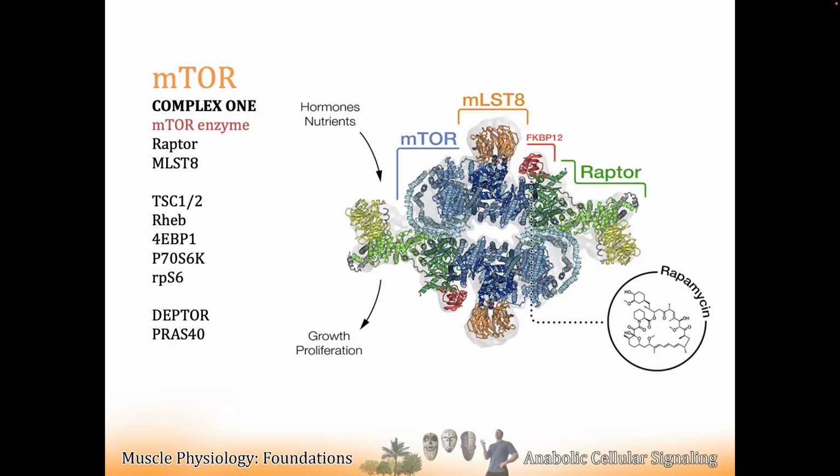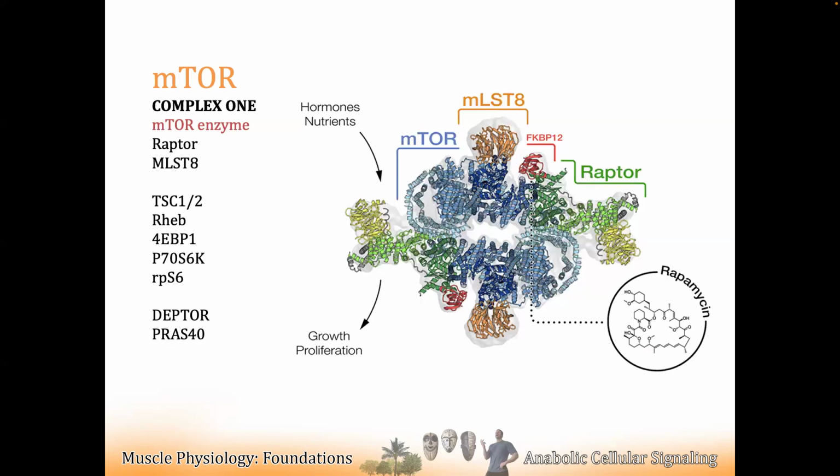This is the main hub. You can see MLST8 or Gable up at the top there, mTOR at the left, kind of all over the place, Raptor on the right. And this is a look at the protein structures in mTOR complex 1.